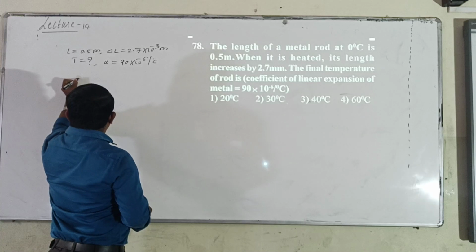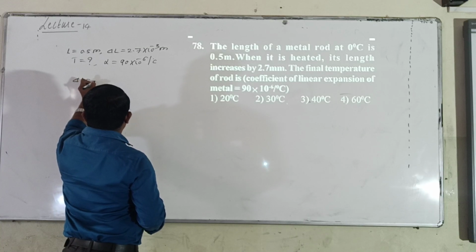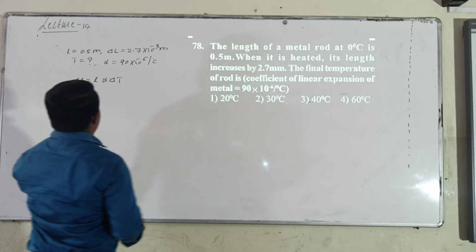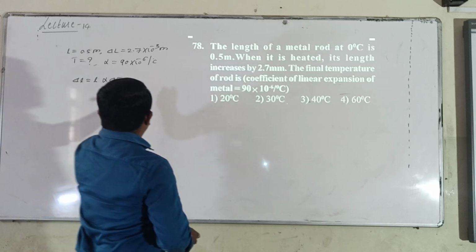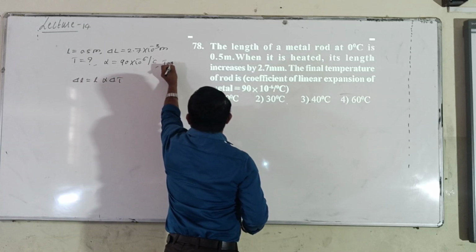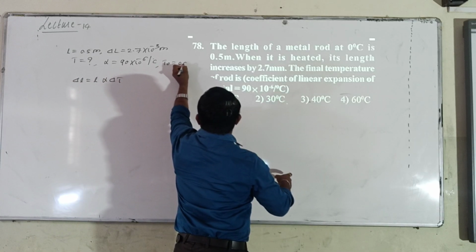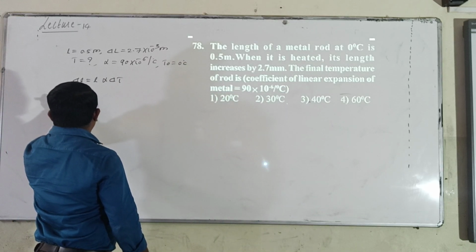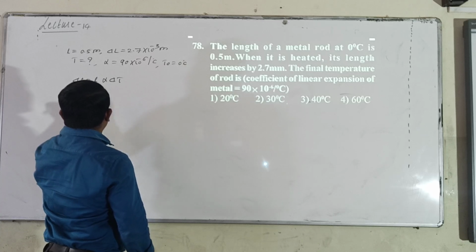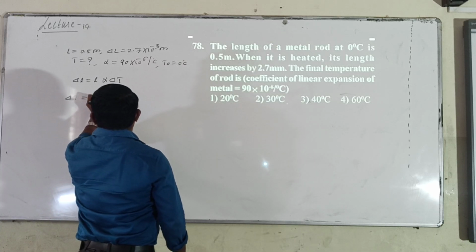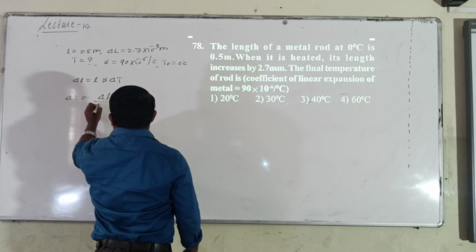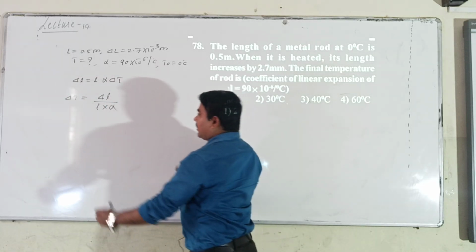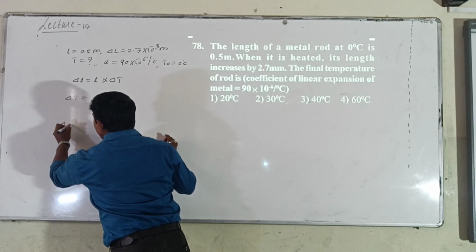The change in length is equal to original length into alpha into delta t. What is theta naught? Theta naught is already given, 0 degree Celsius. From this, what is delta theta? Delta t is delta L divided by L into alpha.